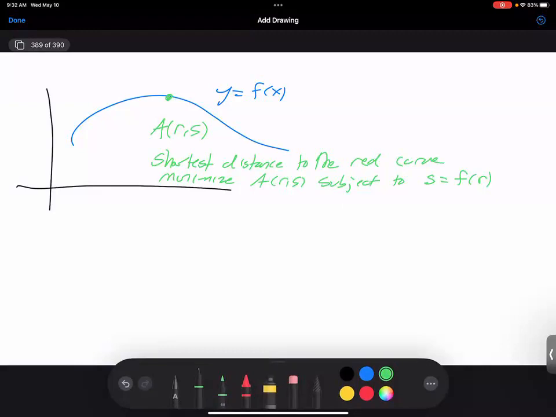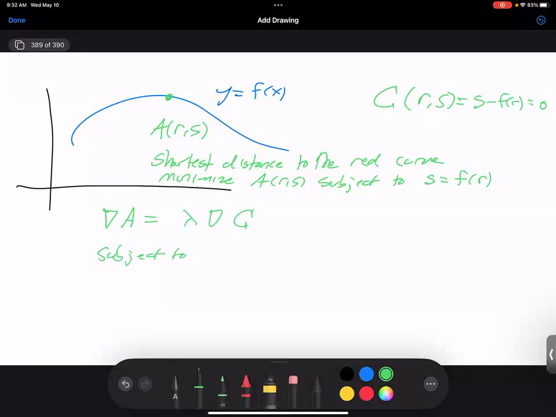So now I would have the gradient of A equal to lambda times the gradient of C, where C of RS is my constraint, S minus f of R equals 0, subject to S minus f of R equals 0.